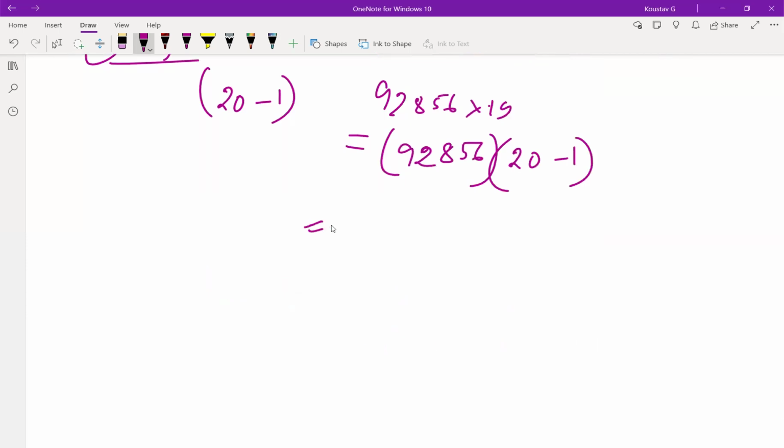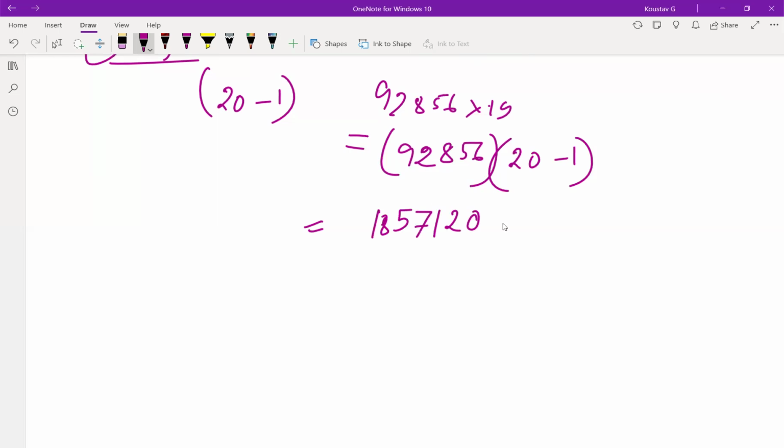Now what is the double of 92856? It will be: 0, 2 times 6 is 12, carry forward 1; 2 times 5 is 10, then 11; 2 times 8 is 16, then 17; 2 times 2 is 4, then 5; 2 times 9 is 18.